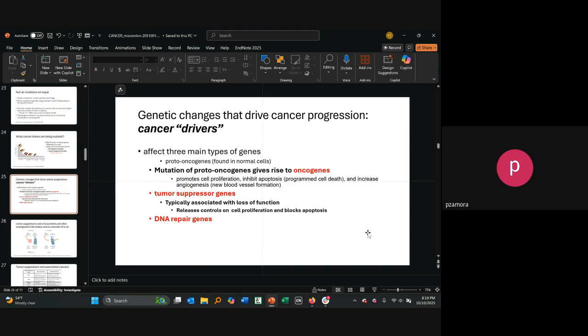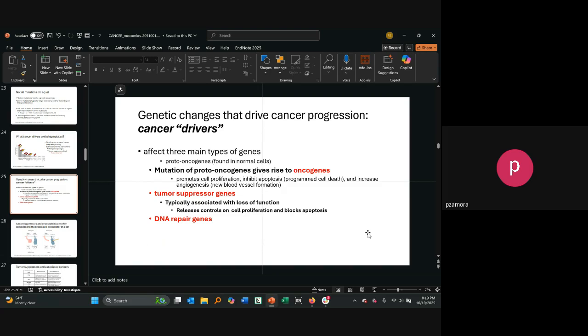You have to have that transition. Oncogenes are involved in promoting cell proliferation, inhibiting programmed cell death, which is also known as apoptosis, and increasing angiogenesis, which is the formation of new blood vessels.